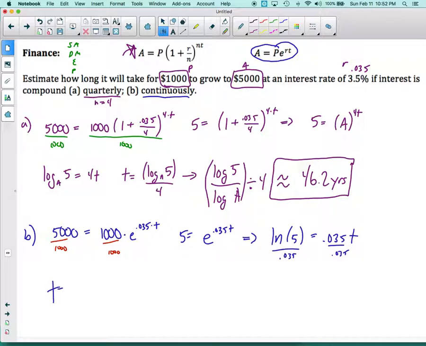So t equals, and so I need to type this into my calculator now. So I'm going to type in natural log of 5 divided by 0.035.